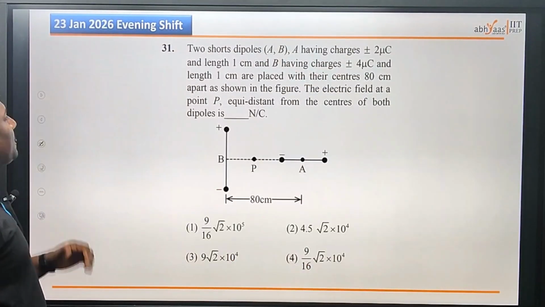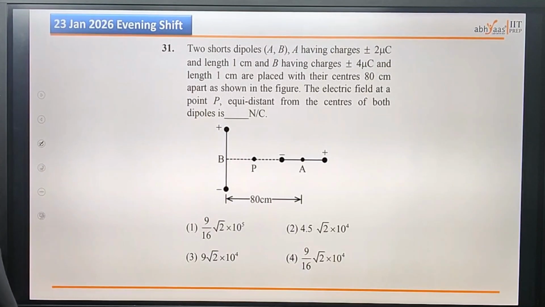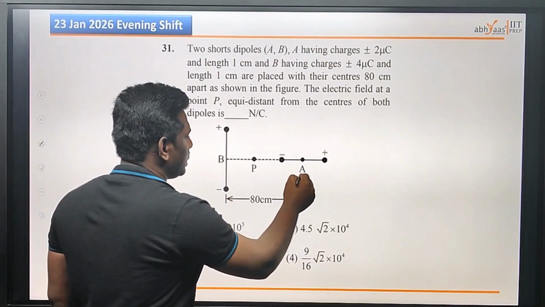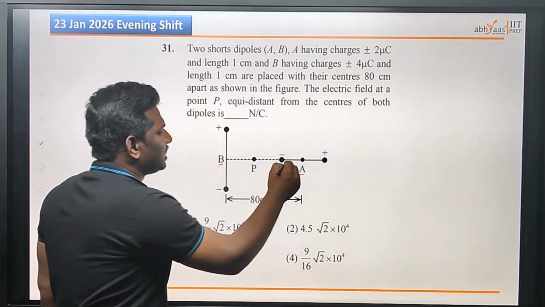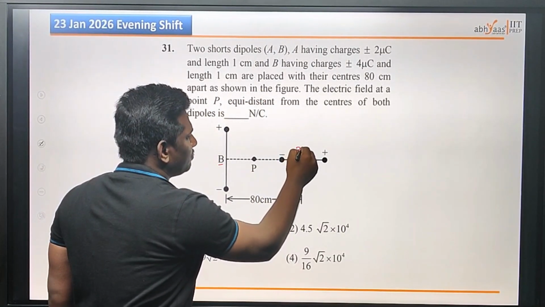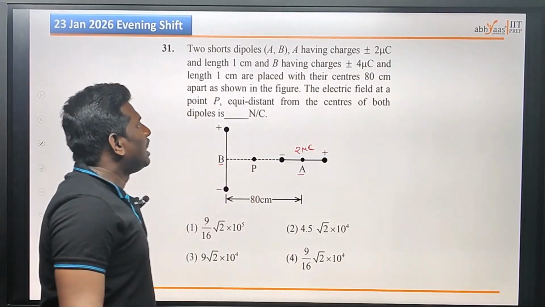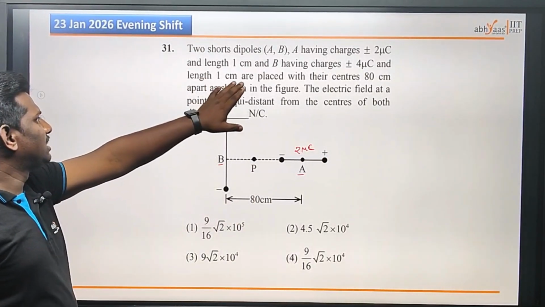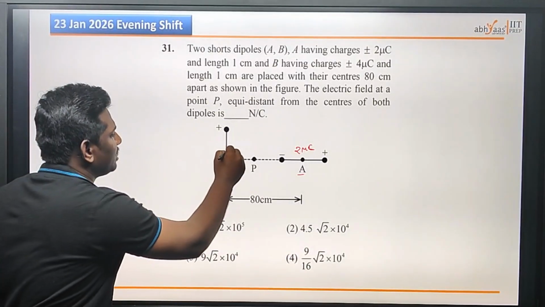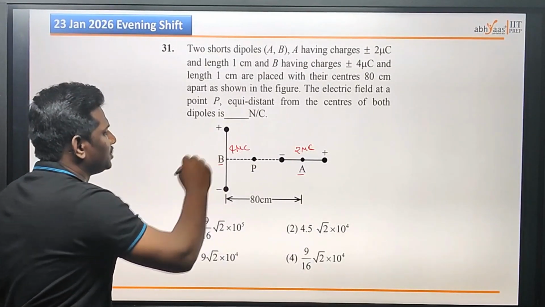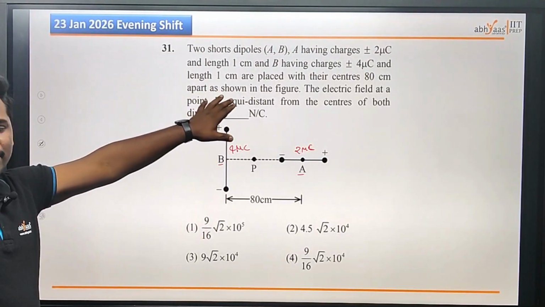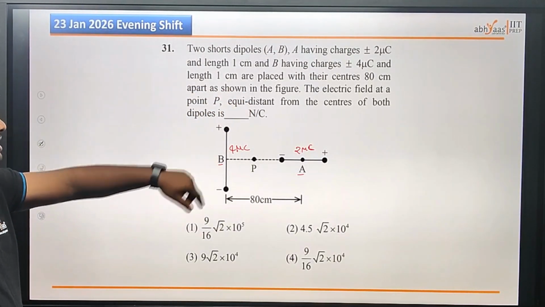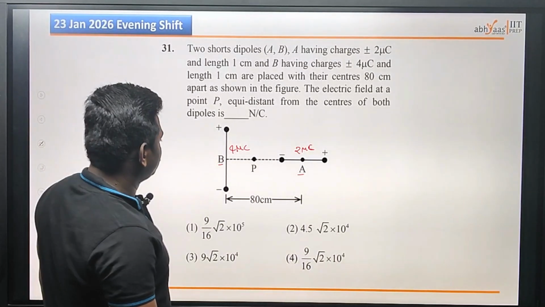So next question. Question number 31. Two short dipoles A, B, having charges plus minus 2 microcoulomb and 1 centimeter length, and B is having a 4 microcoulomb charge of length 1 centimeter, are placed with their centers at 80 centimeters.